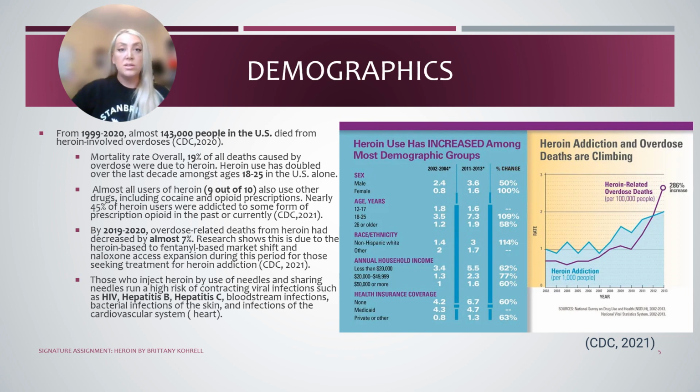Heroin addiction does affect anyone and can affect anyone. With about mid-class, so 20,000 to just under 50,000 annual household income, there is a 77% change in heroin use, and there is a skyrocketing increase of about 286% in heroin addiction and overdose deaths.